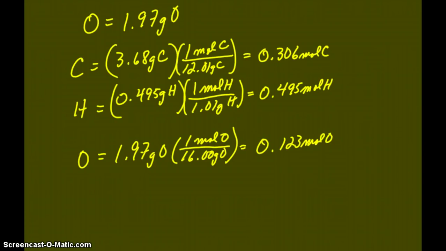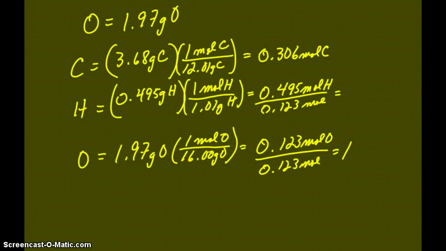And all I do now is take my least number divided into all of them, which is my 0.123 moles. That'll give me 1. That's 1 whole number for oxygen. 0.495 divided by 0.123 is 4. So far, so good.